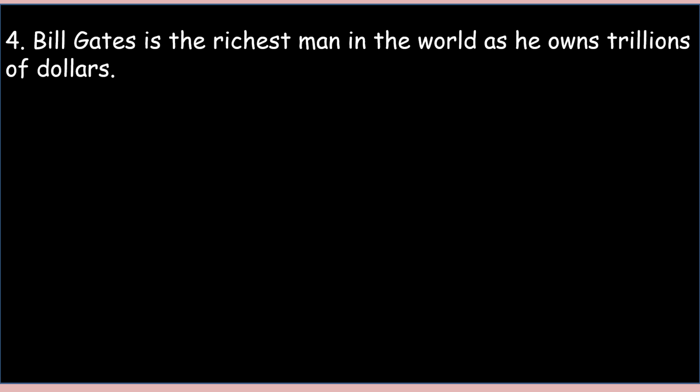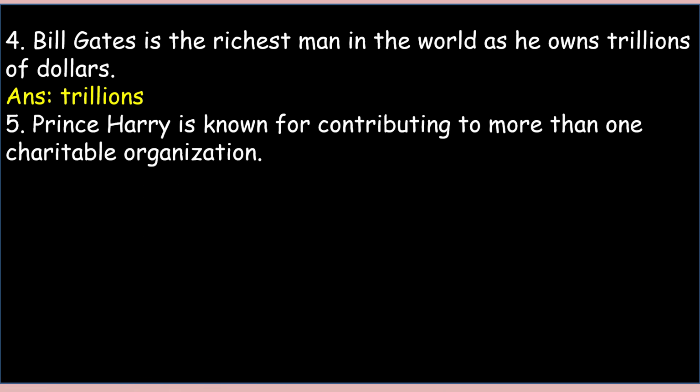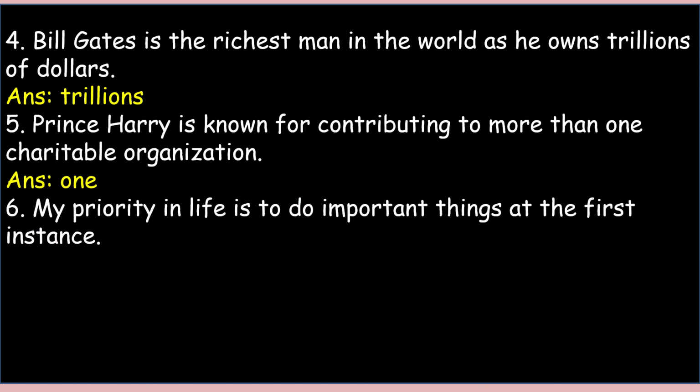The fourth sentence. Bill Gates is the richest man in the world as he owns trillions of dollars. Here the answer is trillions. The fifth sentence. Prince Harry is known for contributing to more than one charitable organization. What is the answer here? 1. The next sentence.